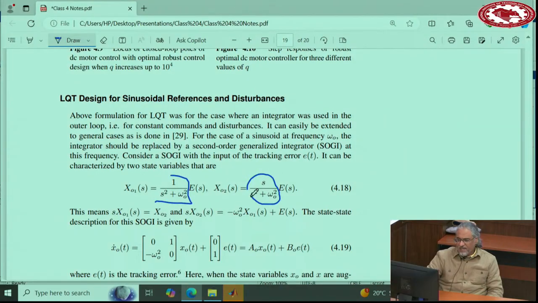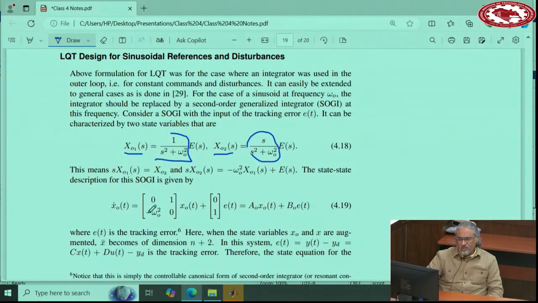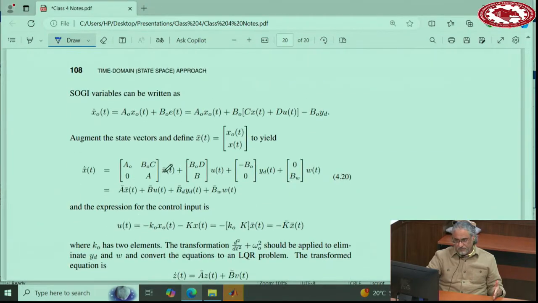So you will add two new state variables to your controller. Your controller now has two state variables, and its state space description is this one. Now you need to augment this with the plant, which becomes n plus 2. That's this one.